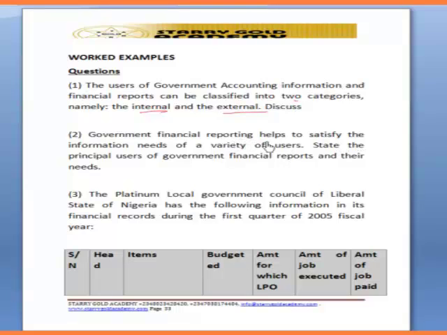State the principal users of government financial reports and their needs. We have stated the principal users already.